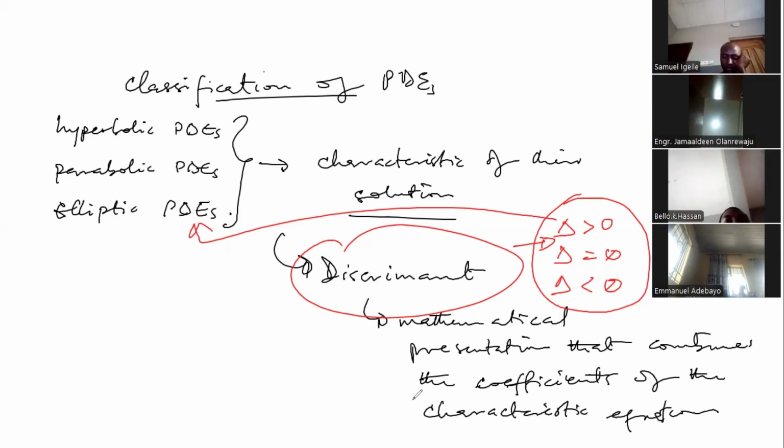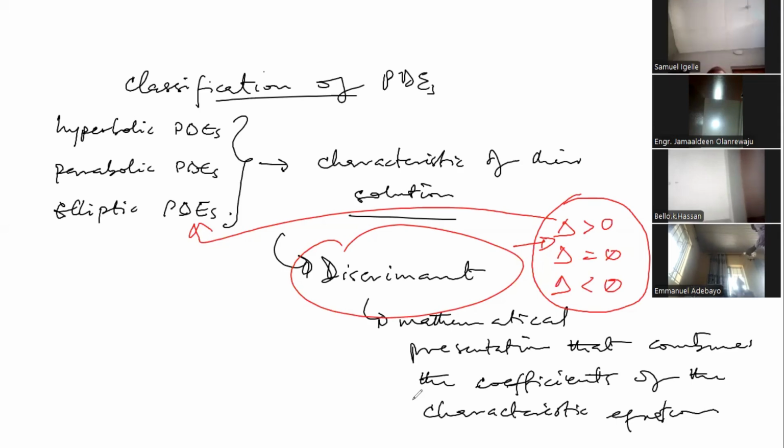Because the discriminant of the polynomial is a function of its coefficients, which gives us an idea about the nature of the roots or the direction of that equation. So at some point, you are solving a propagation problem. You want to tell the direction of that propagation. How many directions does it have?